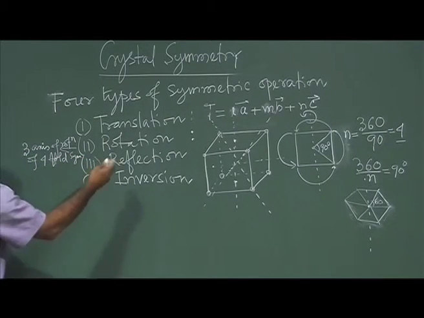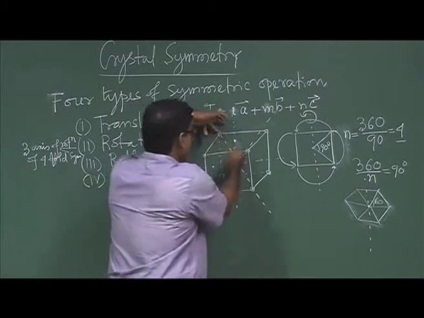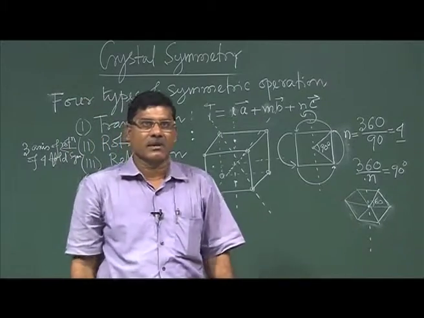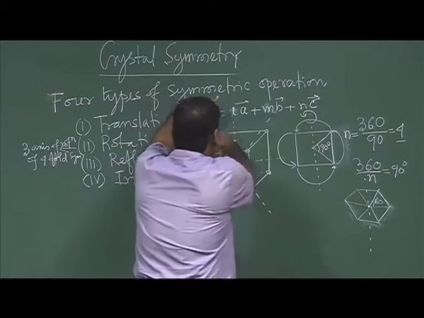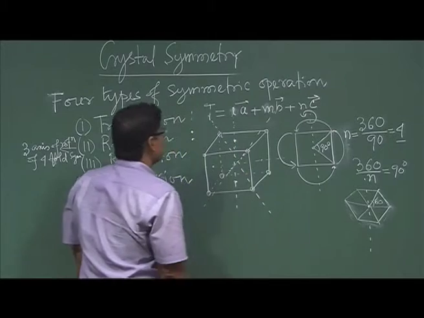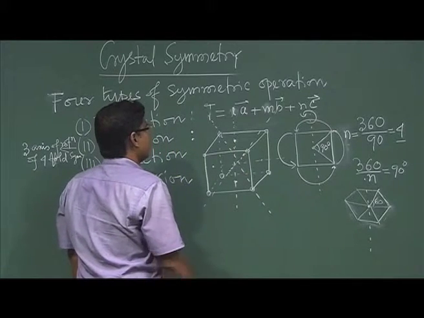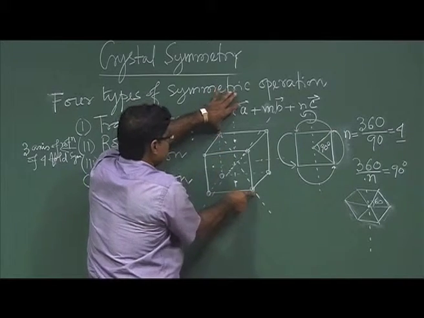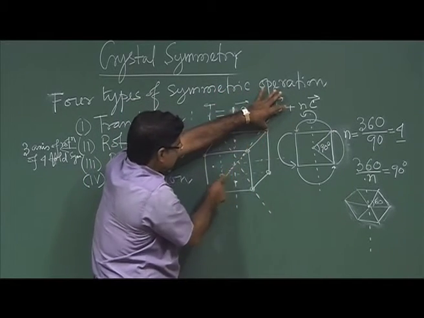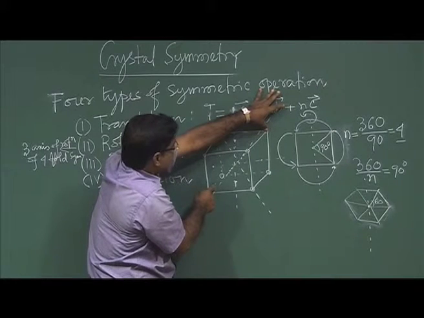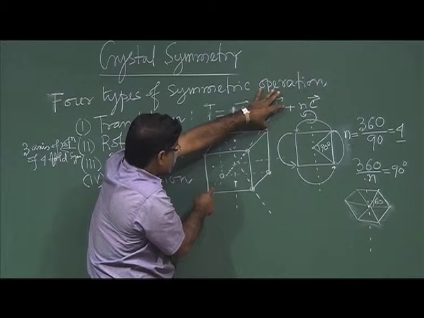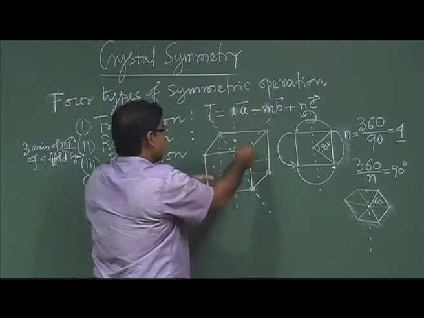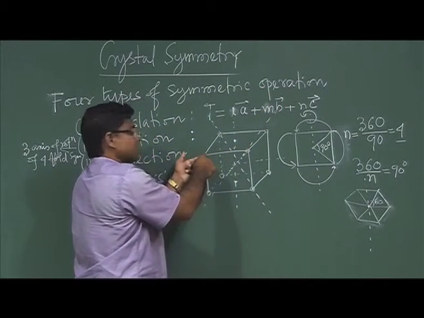And then you will have this type of axis passing along the diagonal. How many can you have? This one, and then this and this other side, this and the other side.